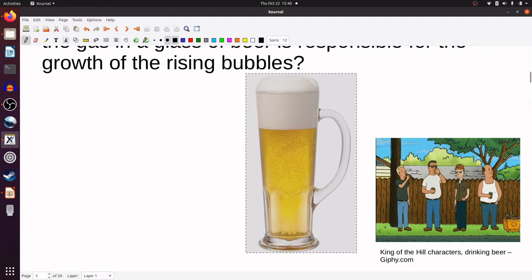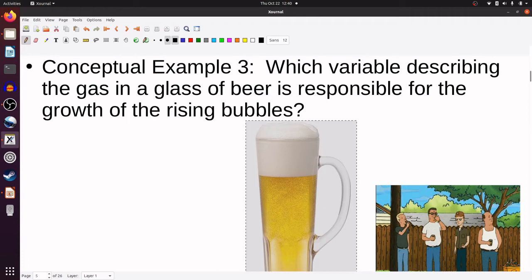The question that the conceptual example asks is essentially why, or what variable is causing said bubbles to grow larger. And I think they gave just like 3 examples, the pressure and the temperature and the number of moles are the ones they looked at.